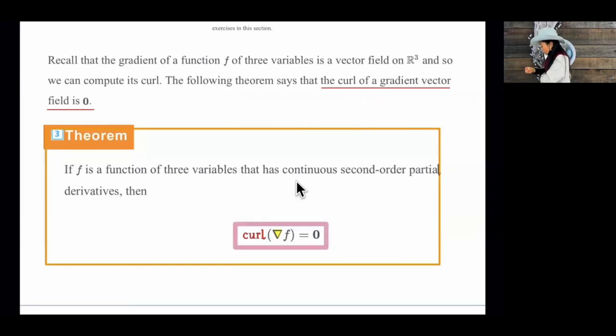So the gradient of a function f, which I'm going to put right here, again is going to be a vector field on R3. Remember, it has three components: partial derivative with respect to x, partial derivative with respect to y, and partial derivative with respect to z.